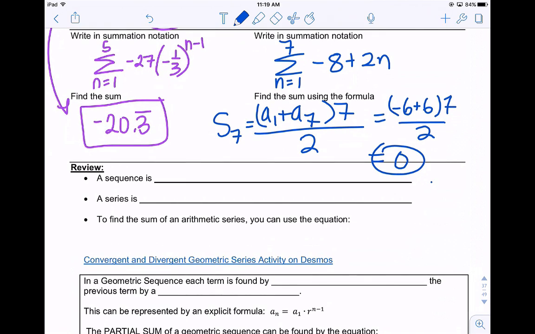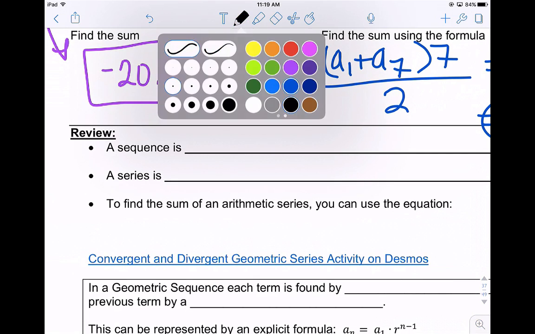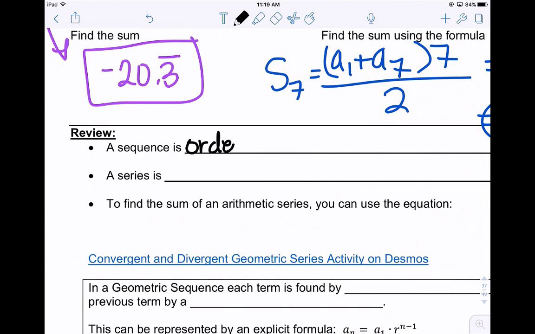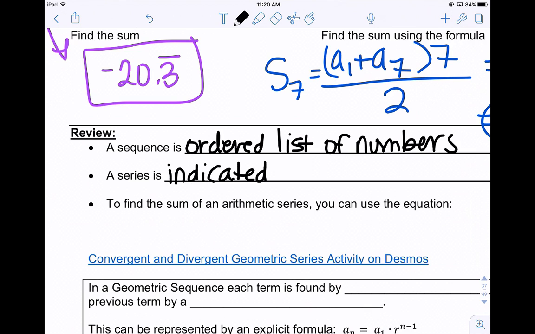Okay, to review, a sequence is an ordered list of numbers. A series is the indicated sum of a list. So I might want the sum of 7 things, the sum of 5 things, or so on.